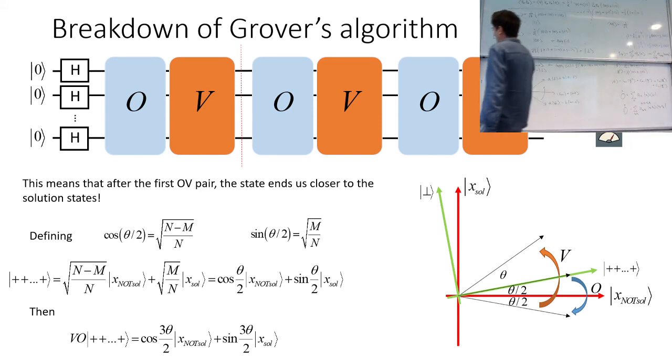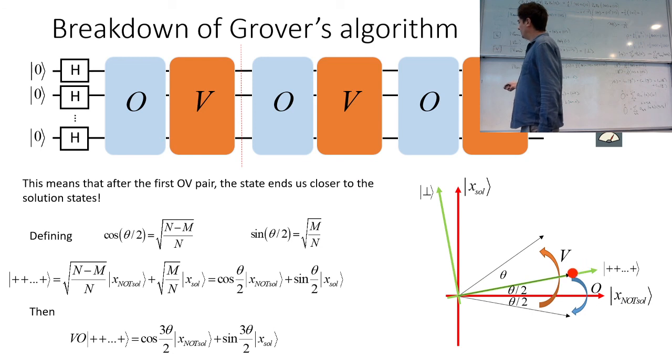So it starts here along the green axis. This is where it initially starts. The first oracle flip takes it there, because it's a reflection around the red one, and then the second one is a reflection around the green axis, and so now it takes it up here.